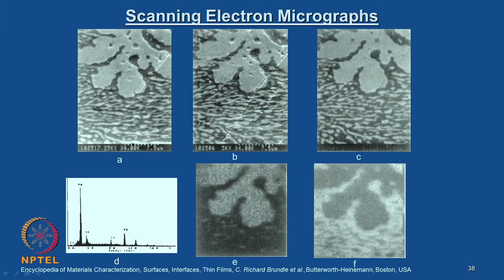This particular micrograph is obtained at 25 kV, and this micrograph of the same region is obtained at 5 kV, and these two are obtained using secondary electrons, and the same region was imaged using backscattered electrons in this image C.